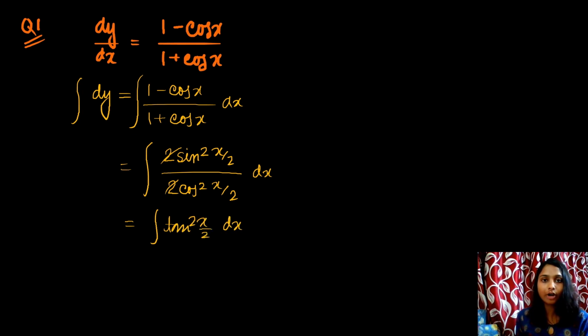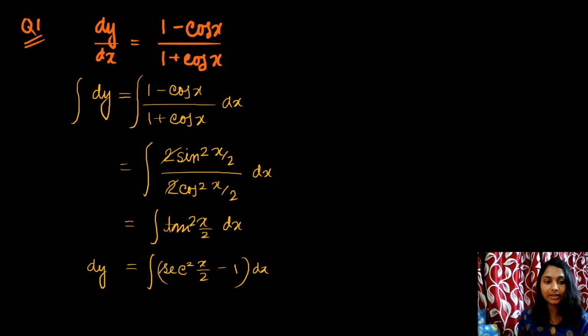dx. Now the integration formula of tan square is unknown. So we can use this. It will give sec square x by 2 minus 1 dx. And in the left hand side we have this. So we can integrate this. It will give y equals this term here, sec square.